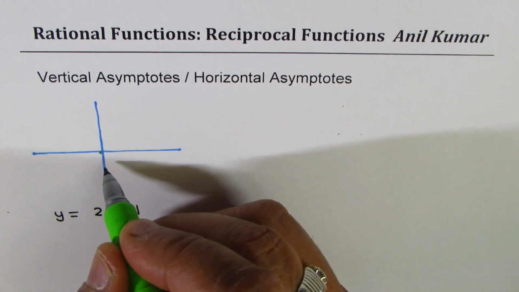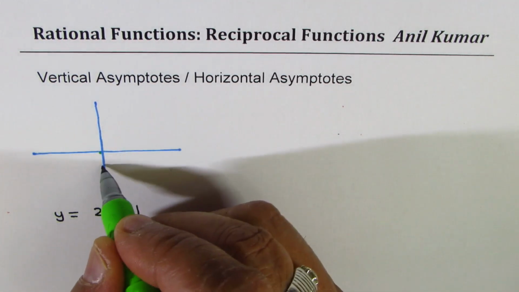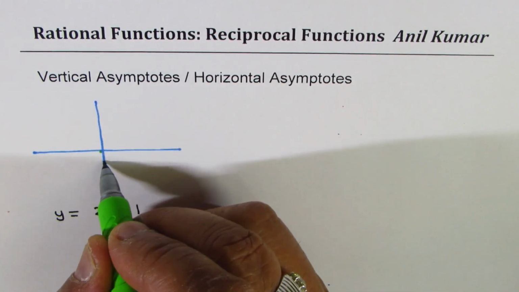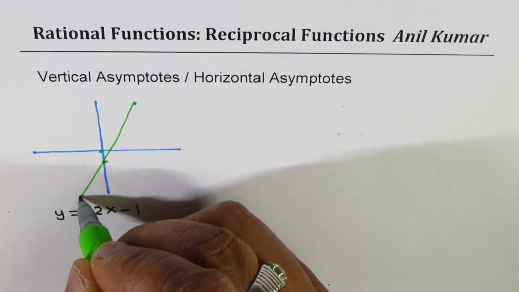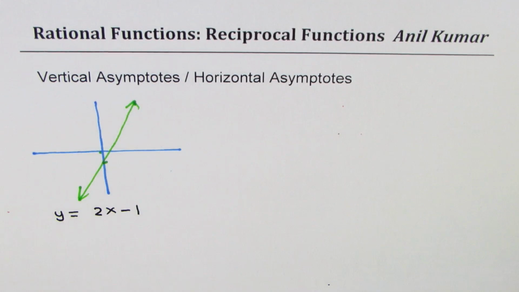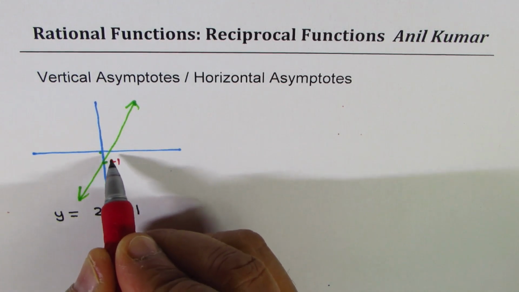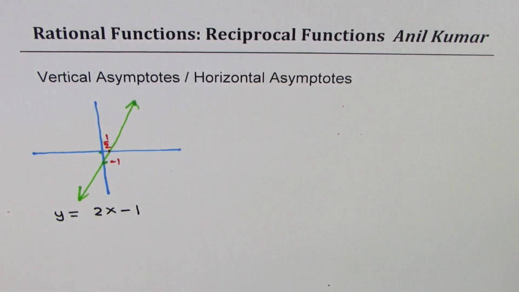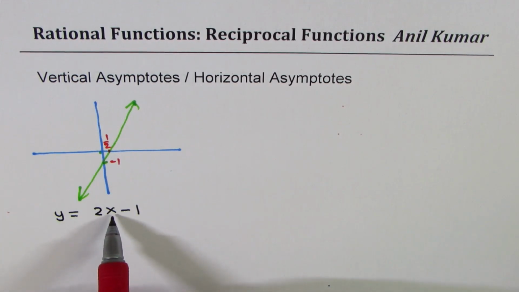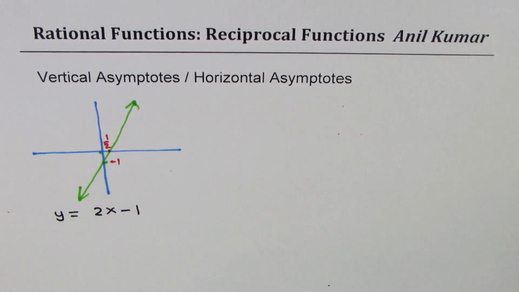So the y-intercept is here, 2 up and 1 right. So the graph of this line will be kind of like this. Let's say this is a straight line we're talking about. Now this point is minus 1 here and this point is half, correct? If I write x equals half, we get that point.